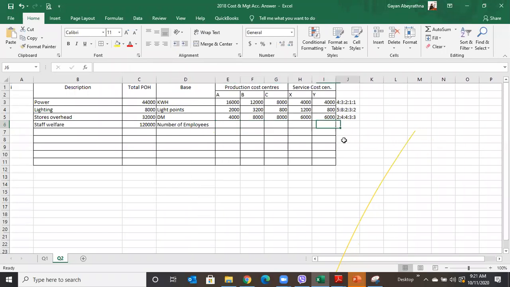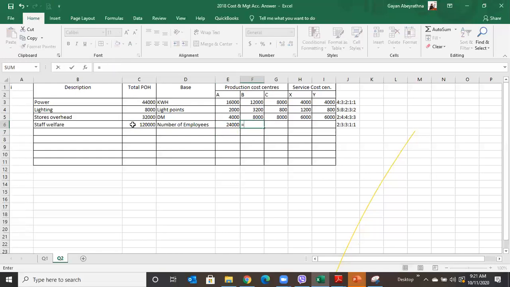Tell me the ratio. 2, 3, 3, 1, 1. Then you can have the answers. Equals 120 divided by 10 into 2.